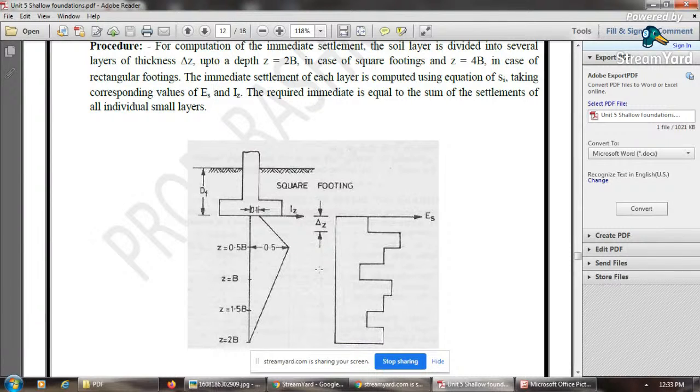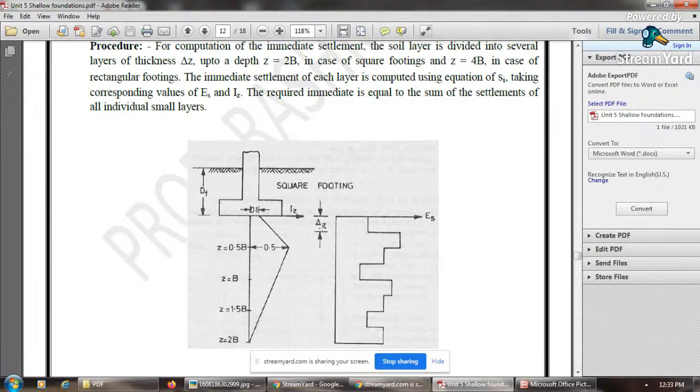For the procedure, in the computation of the immediate settlement, the soil layer is divided into several layers of thickness delta z up to a depth z equals 2B. So this is your last depth 2B, 0, 0.5, 1, 1.5 and 2. The depths in between these factors are calculated and the pressure distribution diagram is made with respect to Es, and the effect is said to be delta z.